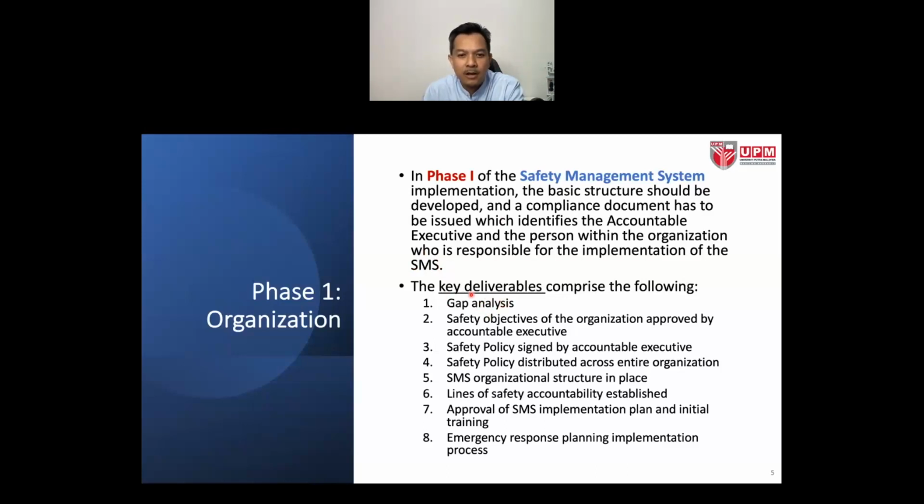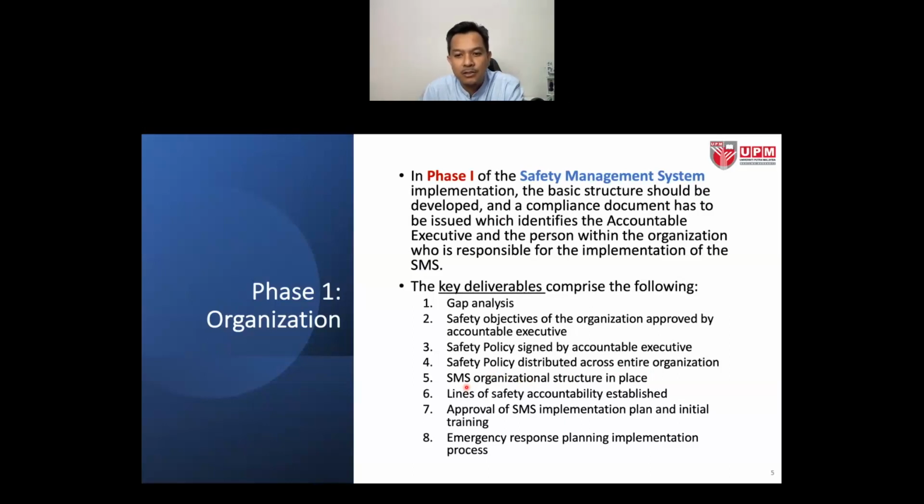So we need to conduct gap analysis, and safety objectives of the organization approved by the accountable executive or accountable manager. Safety policy, right? What is the safety policy of the company, signed by the accountable executive, and distributed across the entire organization. Everybody should get this safety policy or have it made known to all of the employees.